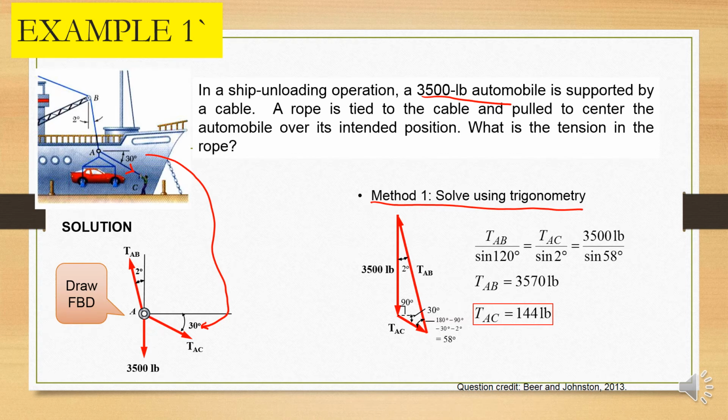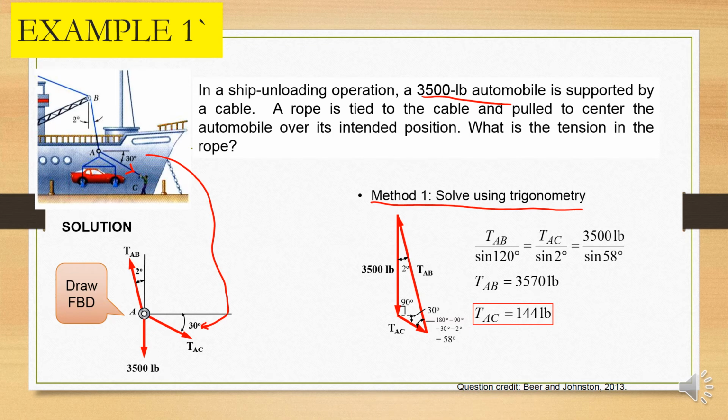In this case, our objective, or the focus of this system, is that we want to lift up the automobile. So this resultant force should be considered as the lift-up force in order to pull it up into the ship.